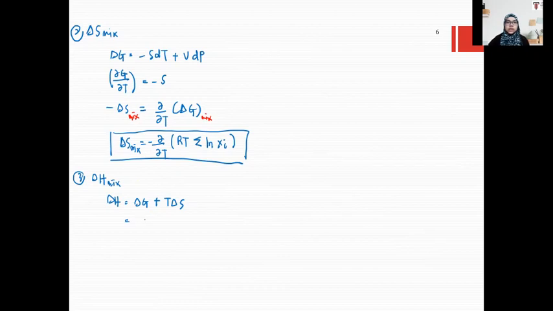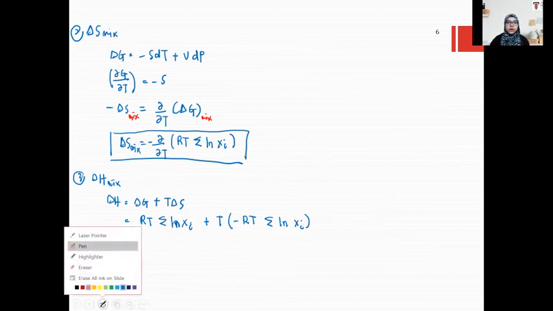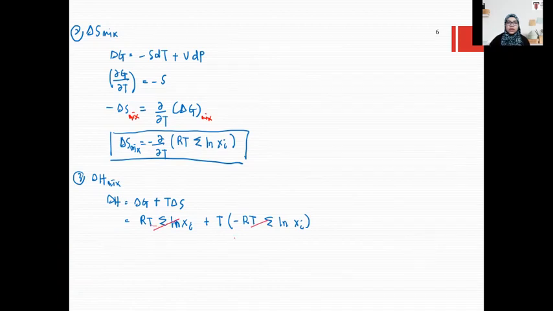So delta G is RT summation of Xi ln Xi, plus T times delta S, which is minus RT summation of Xi ln Xi. So we can cancel these two, as you can see here. So it equals 0. So delta H is equal to 0.